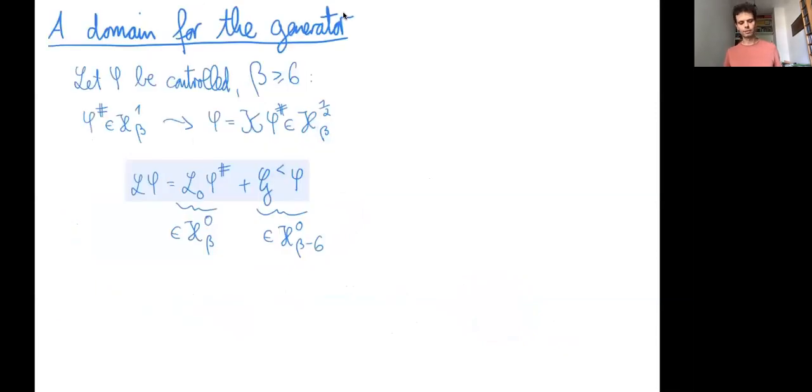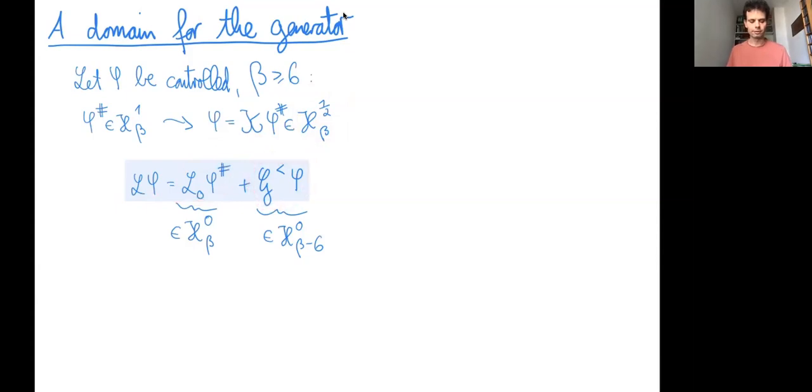So to summarize, if phi is controlled with a beta which is bigger than 6, so this means phi sharp is in H1 beta and beta is bigger than 6, and phi is k of phi sharp, where k was this solution operator for the somehow modified resolvent equation, then this element is in H1 half beta, where this is still bigger than 6, and L of phi is L0 of phi sharp plus G lower of phi.